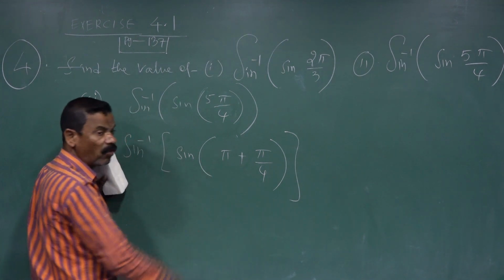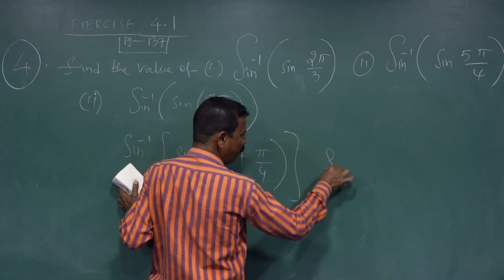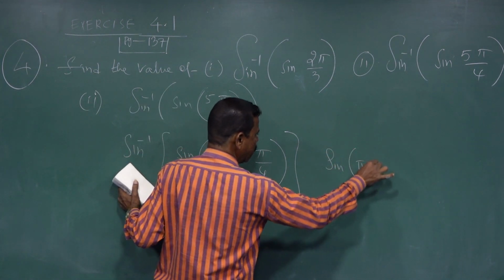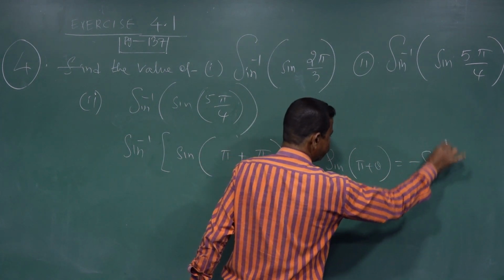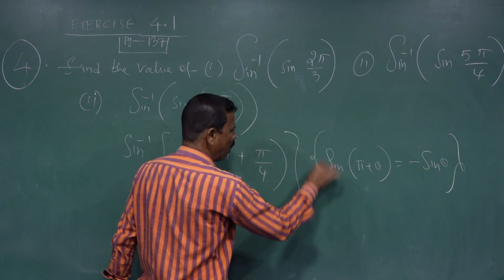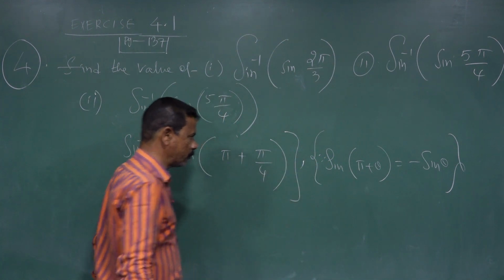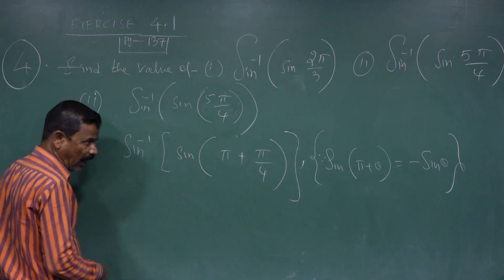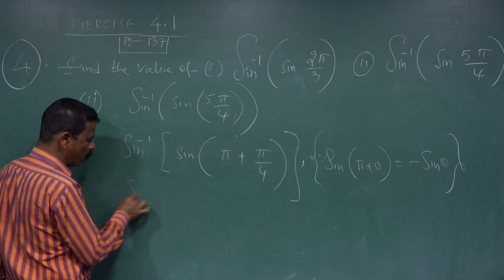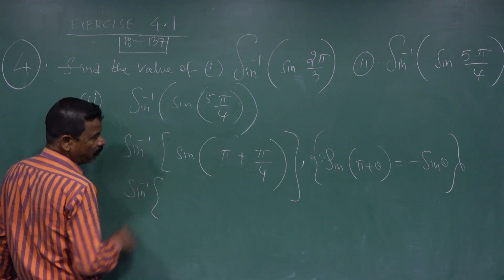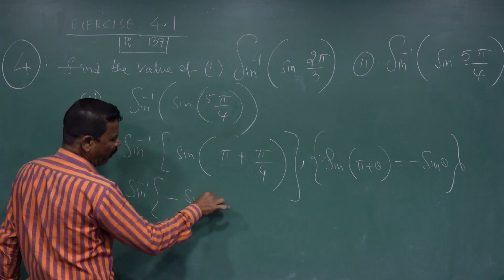It is the third quadrant. Sin of π plus theta in the third quadrant is minus sin theta. This is the one formula. According to that formula, π plus theta, theta is here π by 4. So sin inverse of minus sin π by 4.